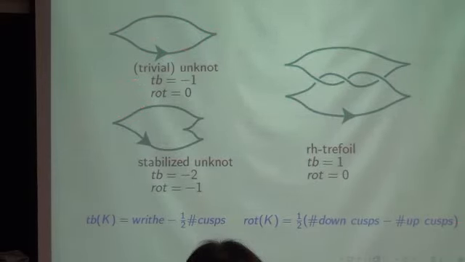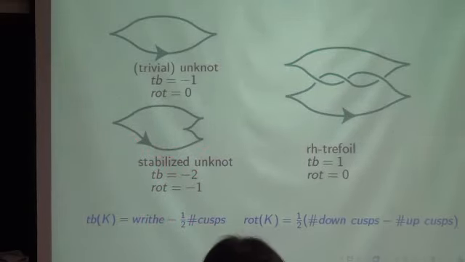Now, if we add something like this, this is what's called a stabilization. If we look at this unknot now, the Thurston-Bennequin number is going to be, the writhe is still 0, but then we have minus 1/2 the number of cusps.